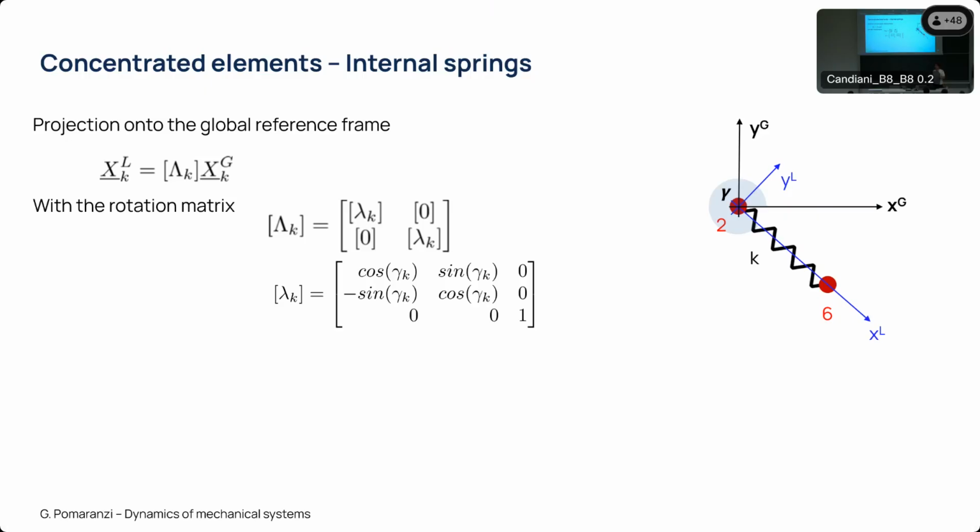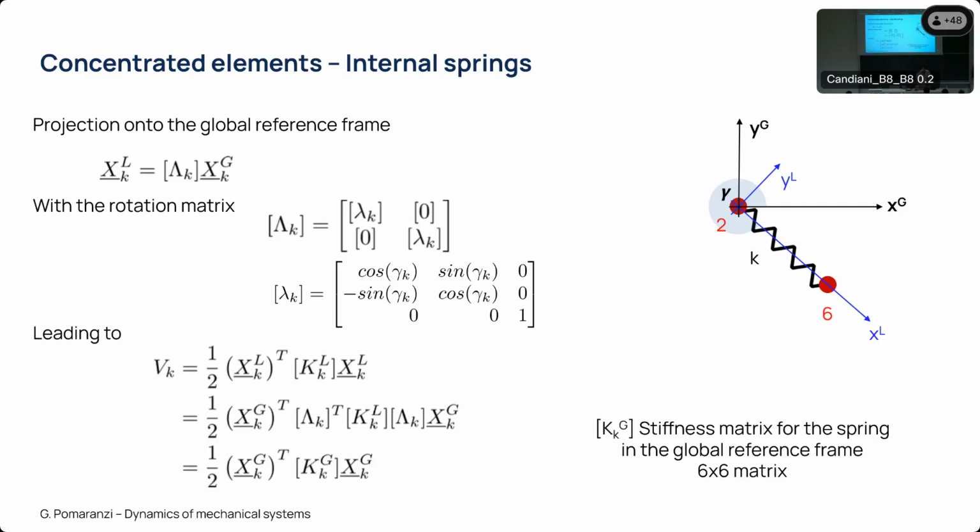We take that into account by using a rotation matrix. Actually, in this case, two different rotation matrices which create a 6 by 6 matrix. So we can assemble the rotation matrices into the expression of our potential energy to write the potential energy of that spring element in global coordinates.